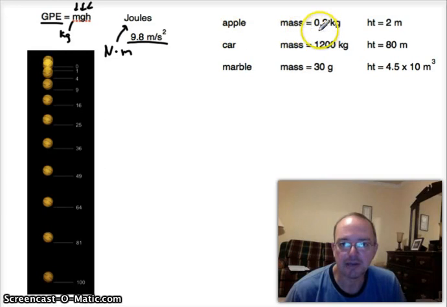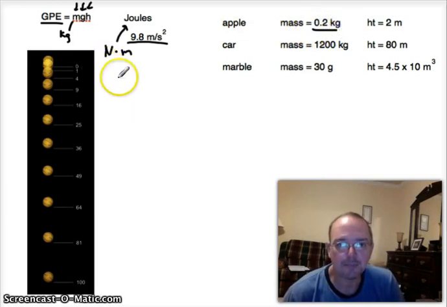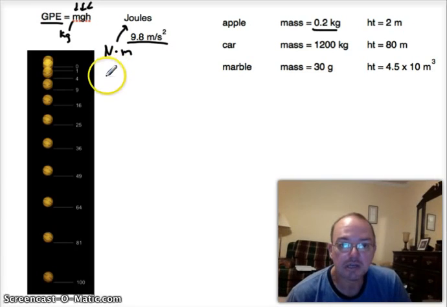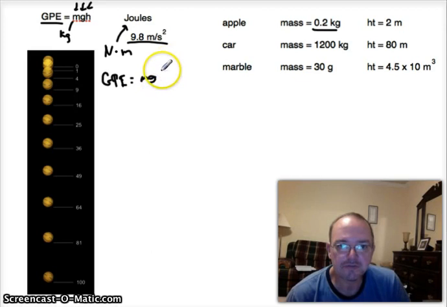Let's take an apple. Now, I'm just taking stabs at the kilogram mass of an apple, because you know we kind of measure in pounds a little bit more than we do in kilograms. So gravitational potential energy equals mass times gravitational free fall times height.